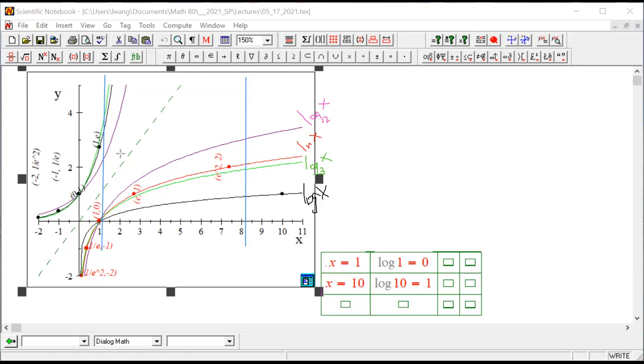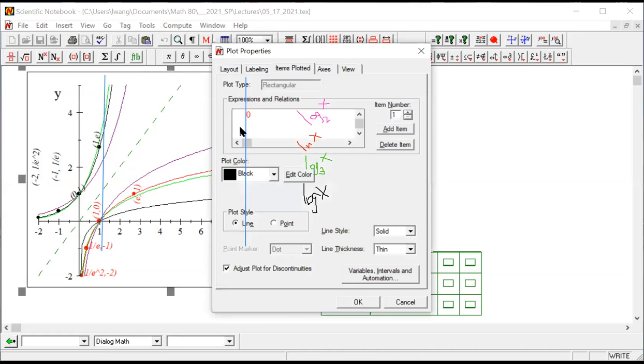What did you get? If I draw 10 to the power x in the same picture, where do you think it's going to show up? I'm adding 10 to the power of x. What color am I going to give it?